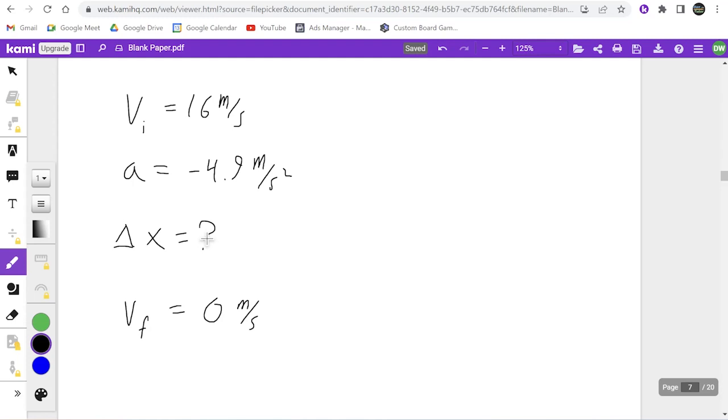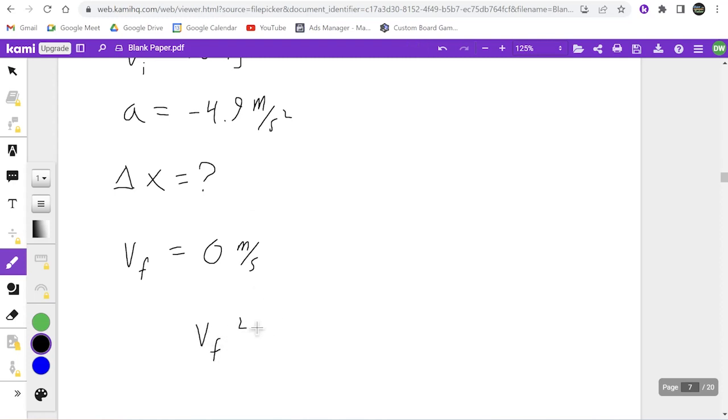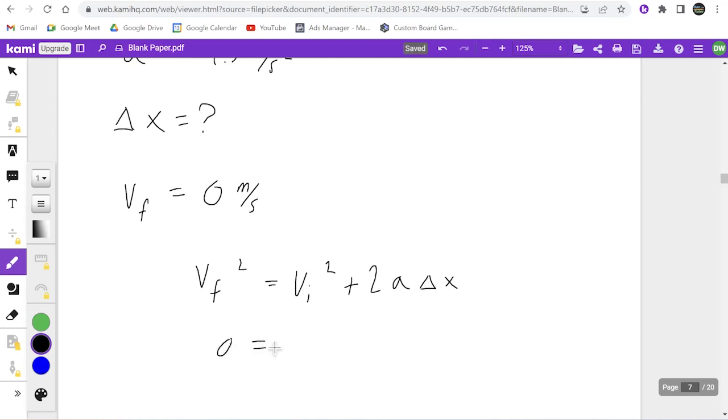So now I'm going to use the equation that does not have time in it, and hopefully you remember this kinematic equation. It's v final squared equals v initial squared plus 2 times a times delta x. So v final is 0 equals v initial, which is 16 squared, plus 2 times negative 4.9 times delta x. And now I just got to start solving using the algebra.